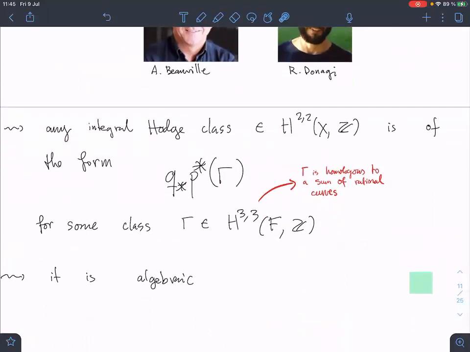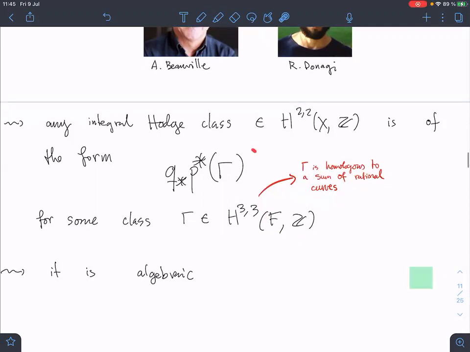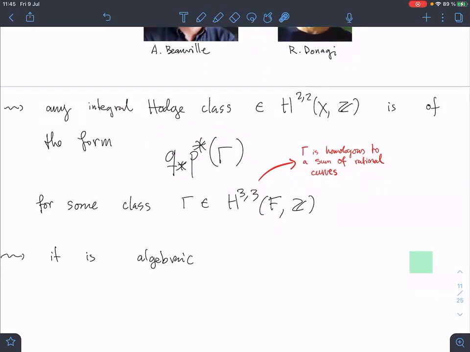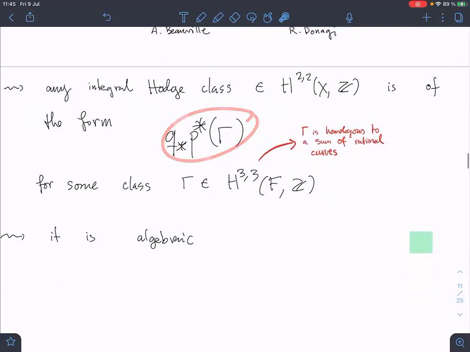But now the point is that this class here, gamma, lies in H^{3,3} of F, and by our theorem, we know that it's homologous to a sum of rational curves. So in particular, this is an algebraic class, and so the pullback is an algebraic class because this is just a P^1-bundle, and then the push forward, of course, is algebraic. So that means that the whole class is algebraic, and then we're done.